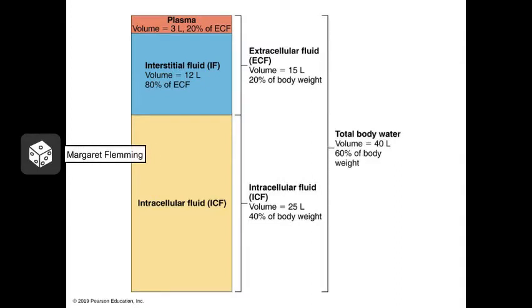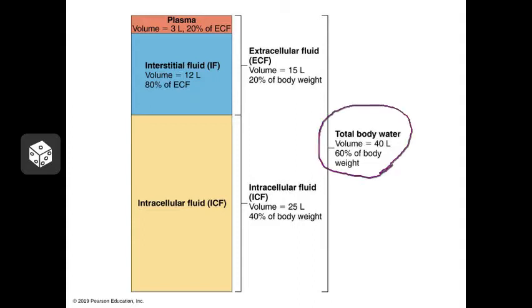This slide should be a reminder of the three fluid compartments within your body. Remember that on average, our 70-kilogram man is going to have about 40 liters of water. Now, 1/3 of that will be extracellular fluid.